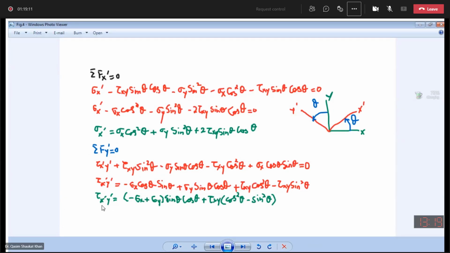So our tau x dash y dash equation has become minus sigma x plus sigma y times sine theta cos theta plus tau xy cos squared theta minus sine squared theta. Everyone is clear with these two equations? Yes, sir.